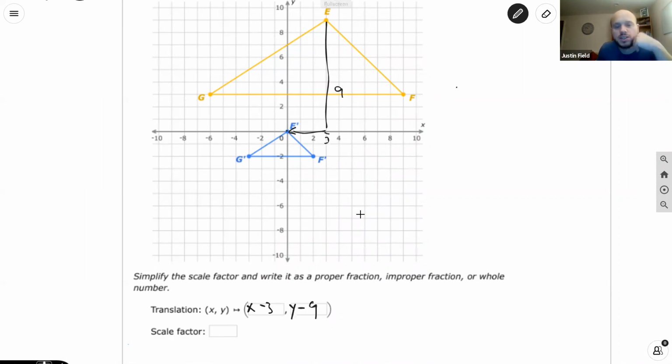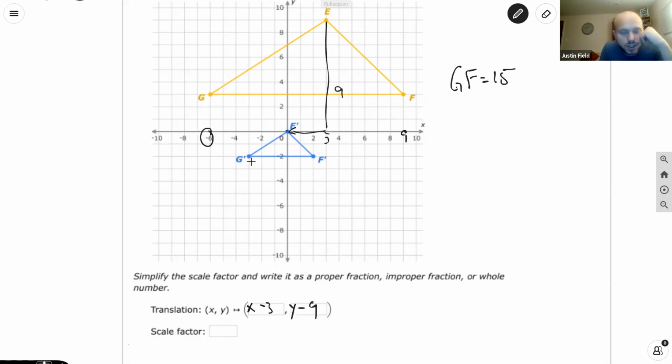Okay, now what's the scale factor? Well, the scale factor is not too hard. All we have to do is find the distance of two corresponding sides. So G is at -6, F is at 9. So GF has a side length of 15.